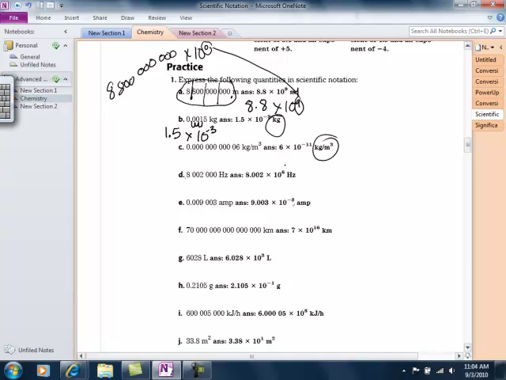Okay, so here's my next number, 8,002,000 hertz. And my decimal has to go here. But these numbers are significant now, aren't they? I have 4 significant digits in that statement. So I have to include them in my answer, don't I? Yep.